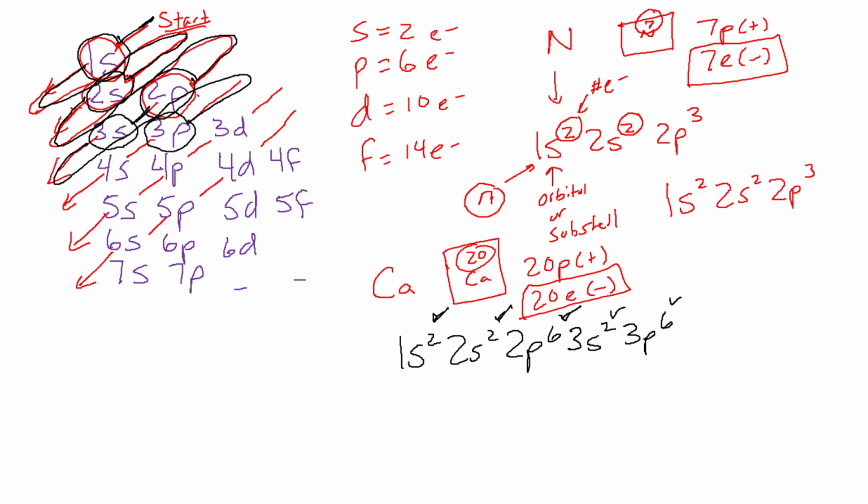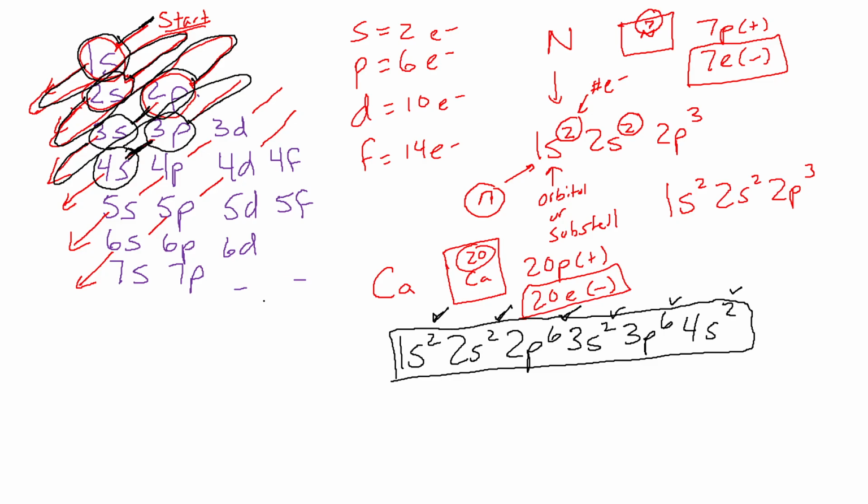We're almost there. Remember, the beauty of this chart takes you in the right place next. Not the 3d after the 3p. It's actually the 4s. And that would take us to 4s2. That's giving us 20 for our total electron configuration at this point.